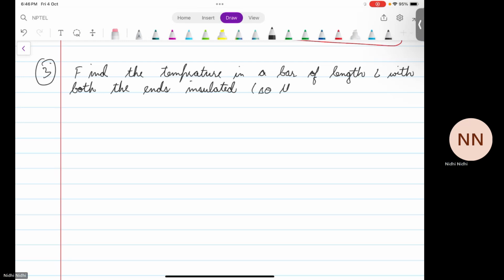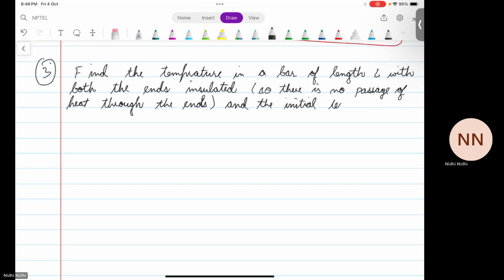So there is no passage of heat through the end, and the initial temperature in the rod is sine pi x by L. So this is basically a statement based problem.